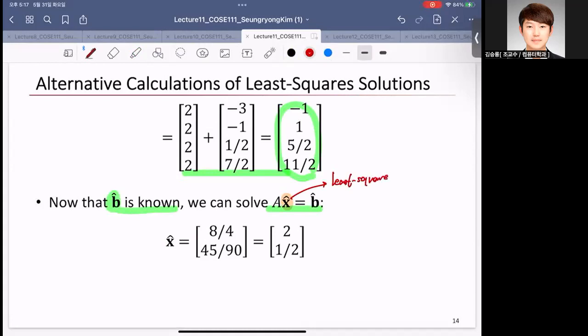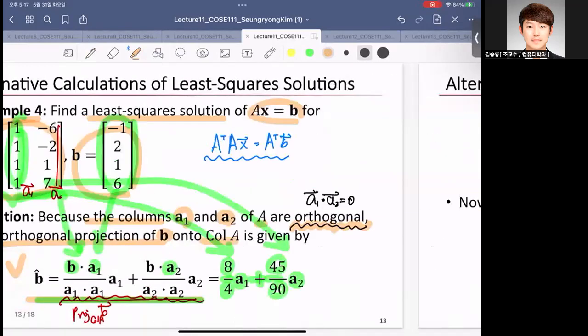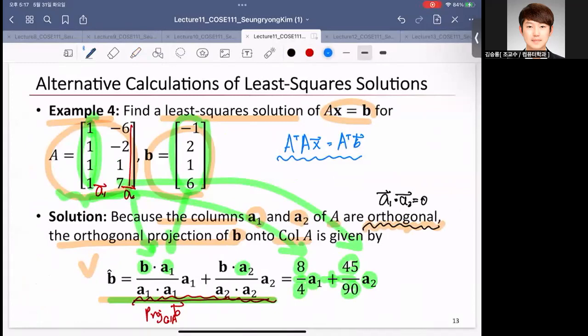Square solution. A x hat is equal to p hat. It's going to be this one, right? From here, this one is going to be x1 and y1. Coefficient of each vector is common vector.